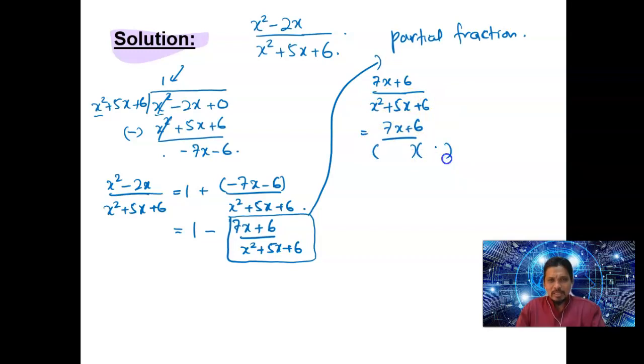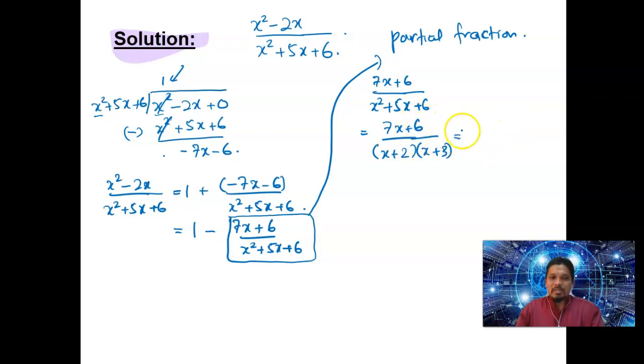Can we factorize this? Yes, it becomes x plus 2 and x plus 3. Again, x multiplied with x is x squared, x times 3 is 3x, 2x, 3 plus 2 equals 5x, and 2 times 3 equals 6.